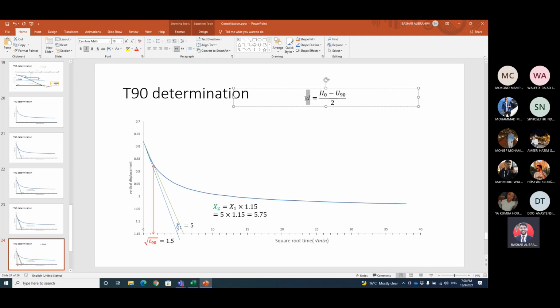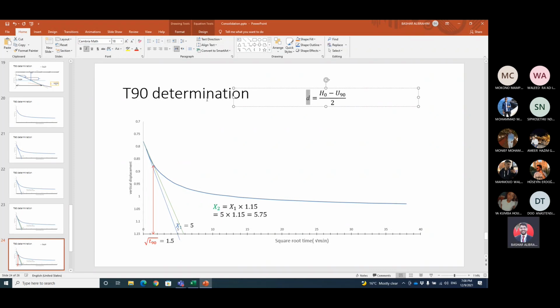D stands, by the way, for drainage path, the longest path that water can take to exit the specimen. So it is the height divided by 2 because we have porous stone on top and bottom.